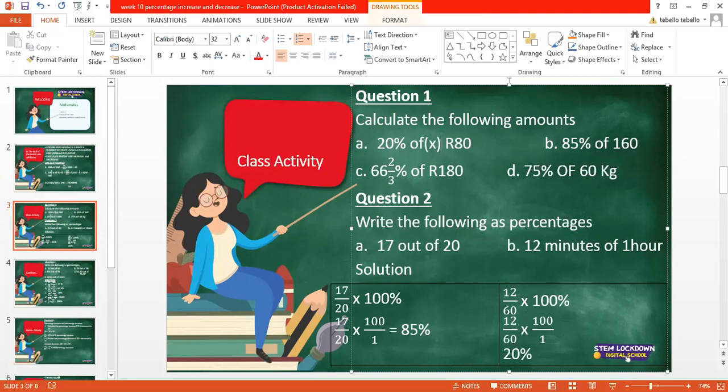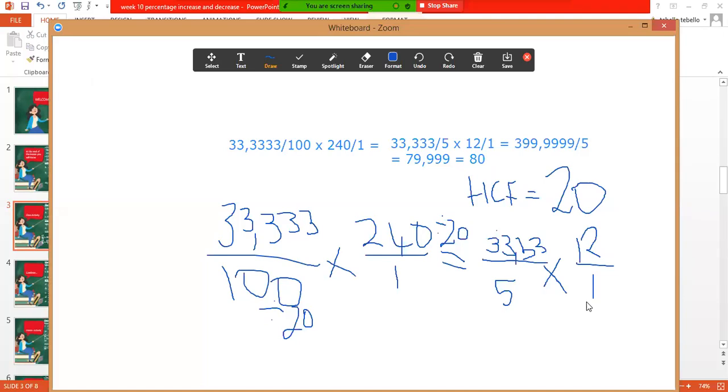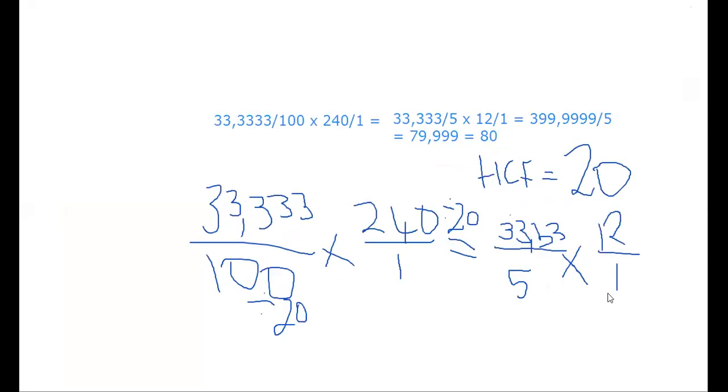Now let's actually do number A. Let's calculate number A using a calculator and without the use of a calculator. So number A, we had 20% of 80 rands.